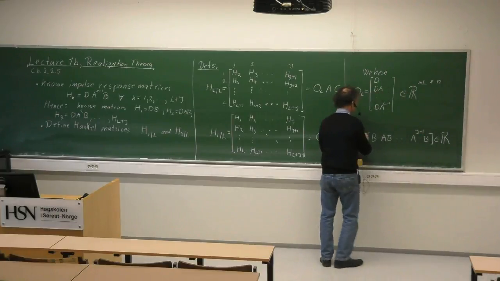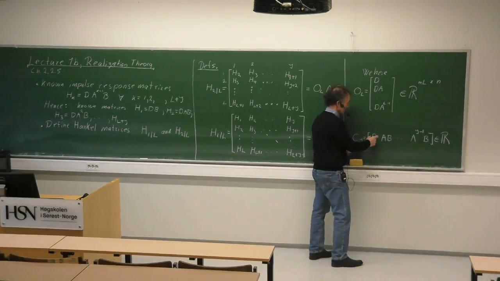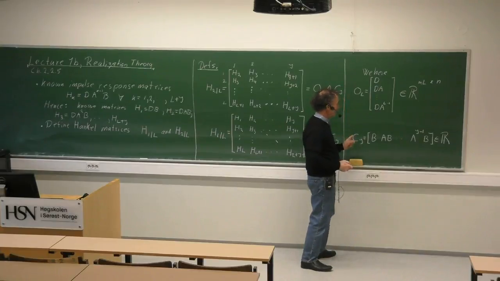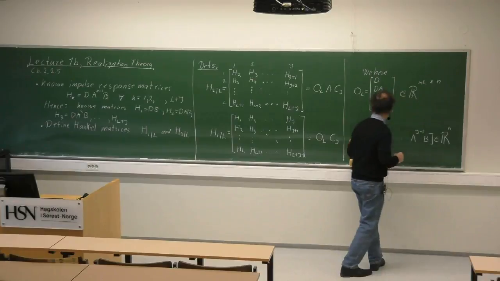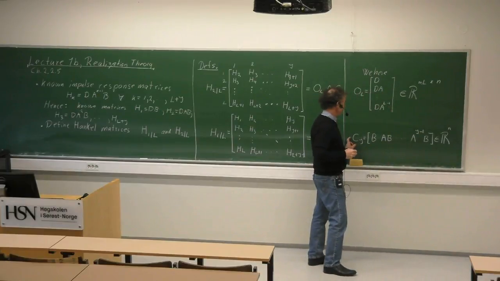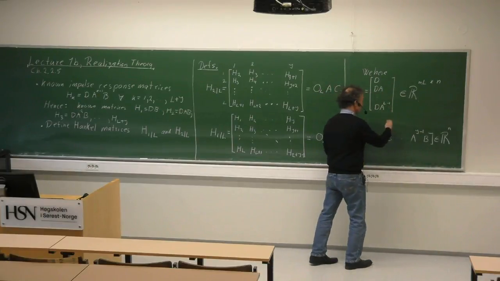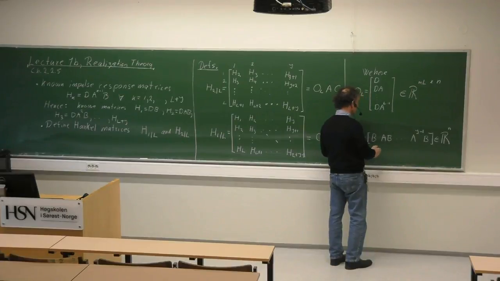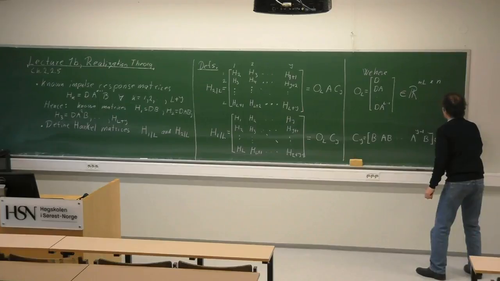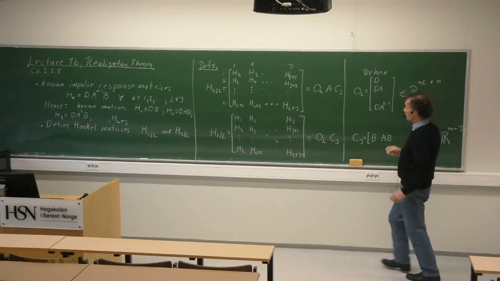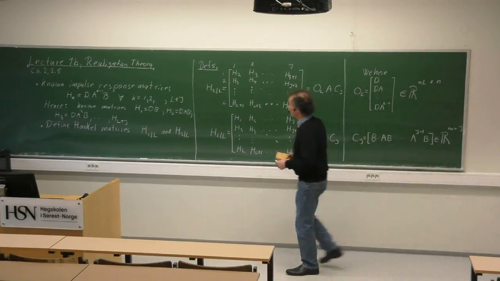The number of rows in B is N, so the number of rows in this controllability matrix is N, and the number of columns is then equal to R times J, because R is the number of input variables.